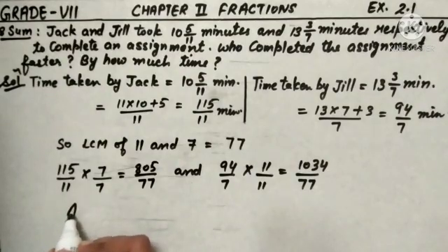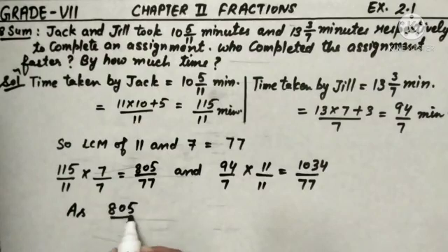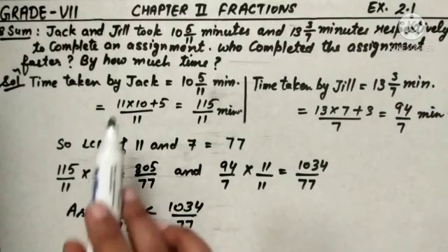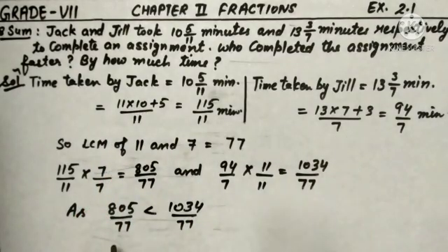So here we can write 805 divided by 77 is less than 1034 divided by 77. What does it mean? If this value is lesser, that means the time taken by Jack is less than Jill. So who completed the assignment faster? The answer is Jack.